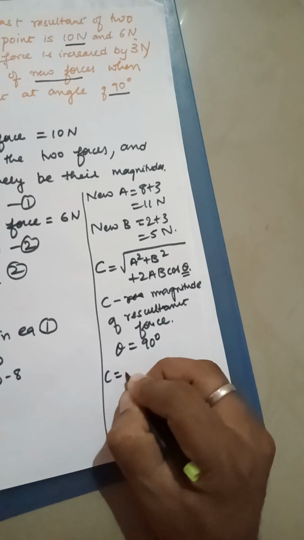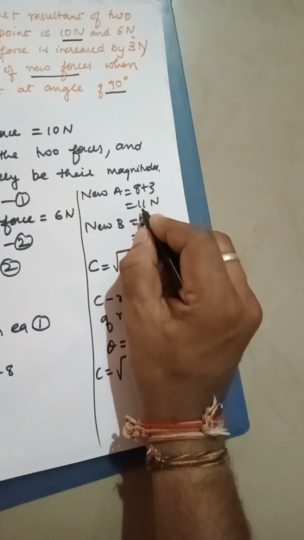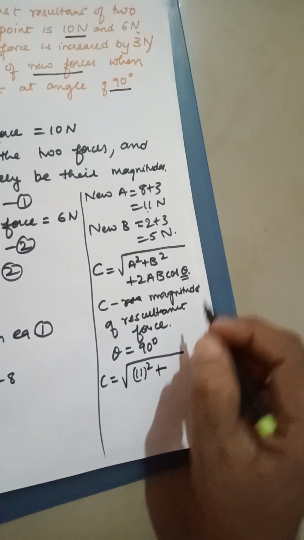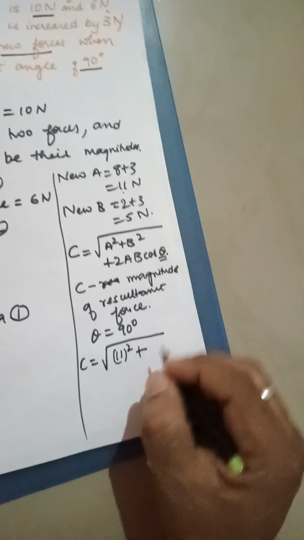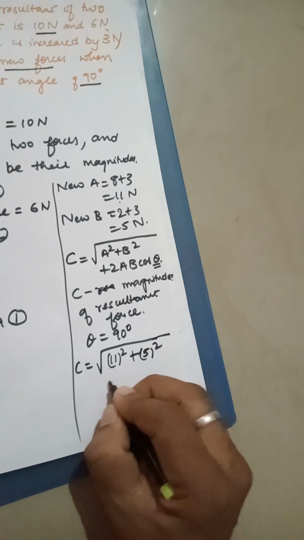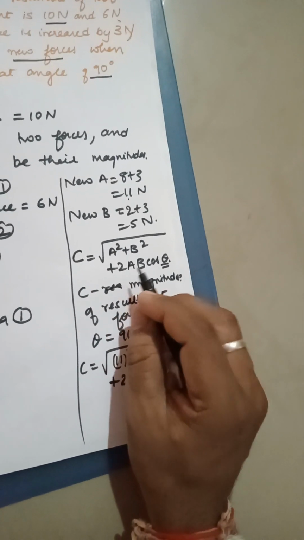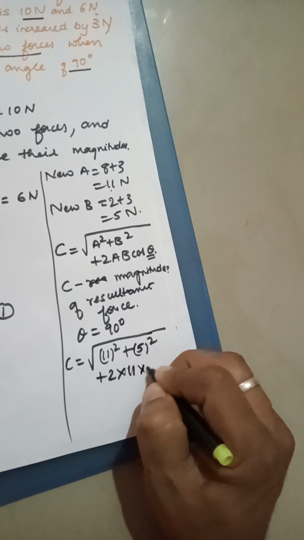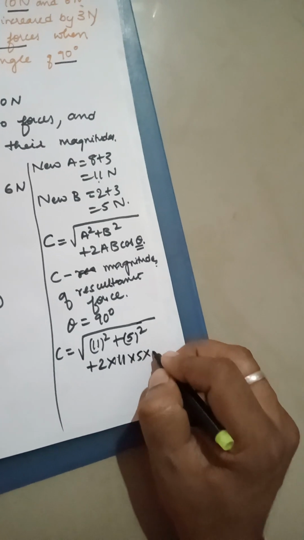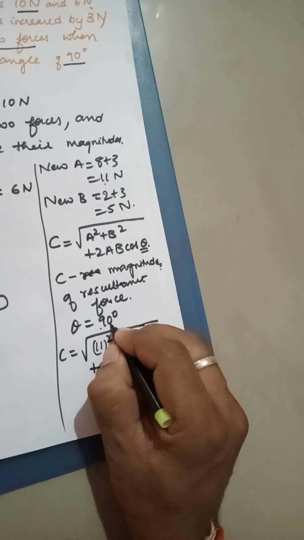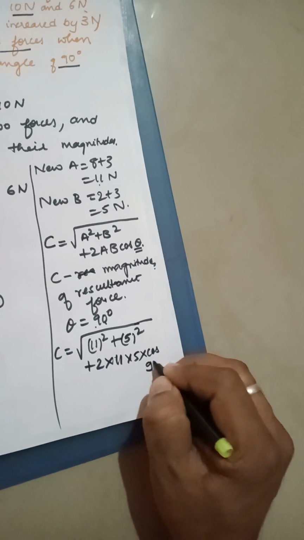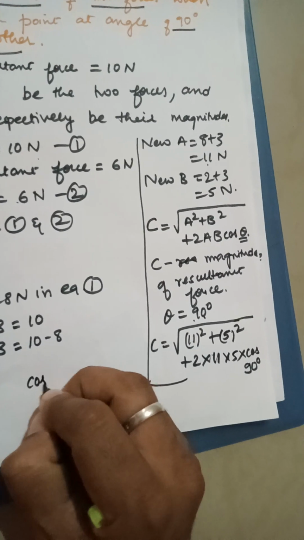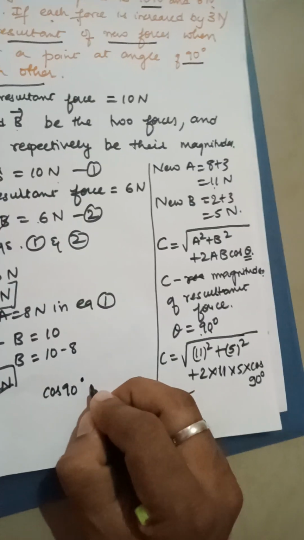So C will be equal to square root of A value, which is 11, so 11 square, plus B value, which is 5, so 5 square, plus 2 into A into B, so 2 into 11 into 5 into cos theta. Theta is 90 degrees here, and we know that cos 90 is 0.